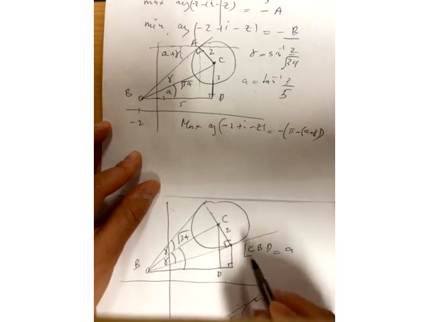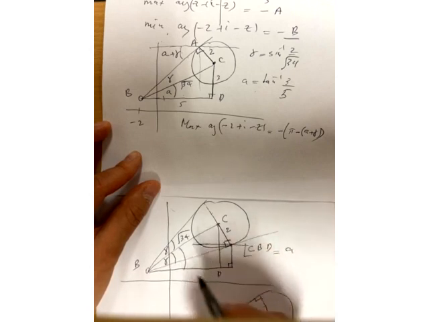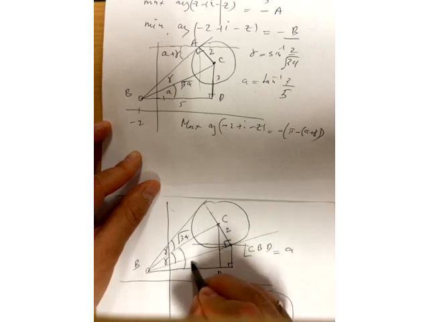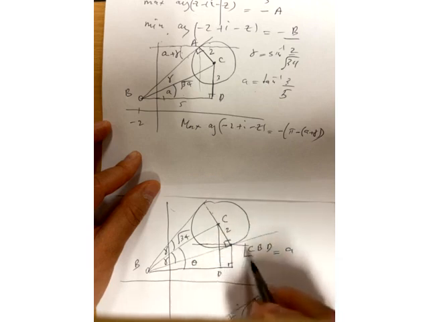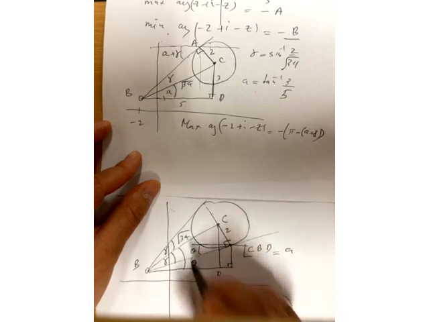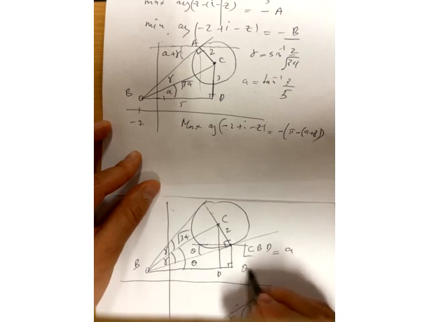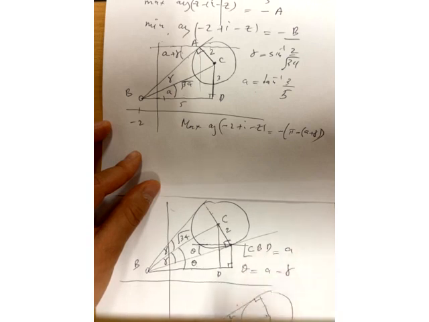So in terms of the argument, for the minimum argument, you want to find this angle here, theta. By parallel lines, that's parallel to this, so this angle is theta. And theta is actually angle A, this whole thing is A minus gamma. That's what theta is. So theta is A minus gamma.